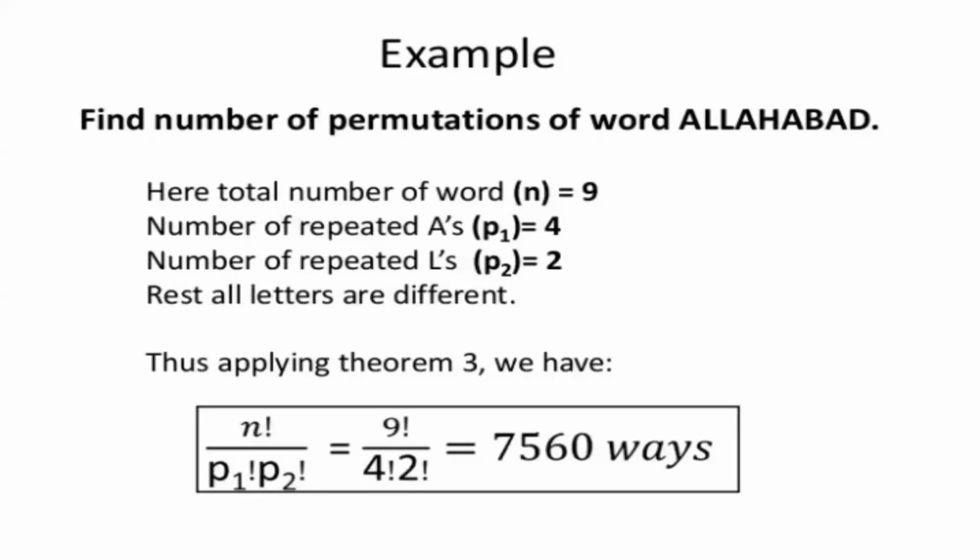So maybe they take a word with 3 letters, 4 letters, 5 letters, and then maybe have 2 identical letters, then another identical letter, and they build from there, and then they came up with general formulas like this one, n factorial over P1 factorial, P2 factorial, and so on, right? But for now, we'll have to just take it at face value.